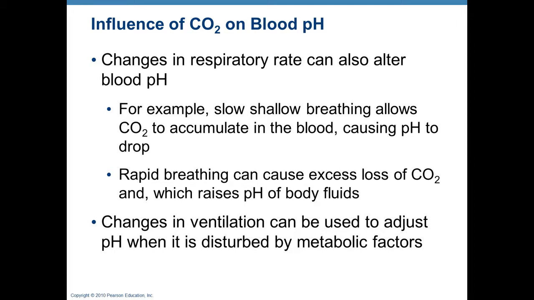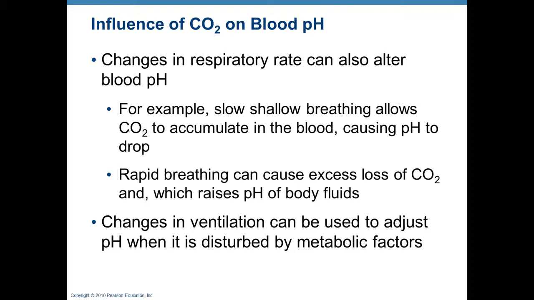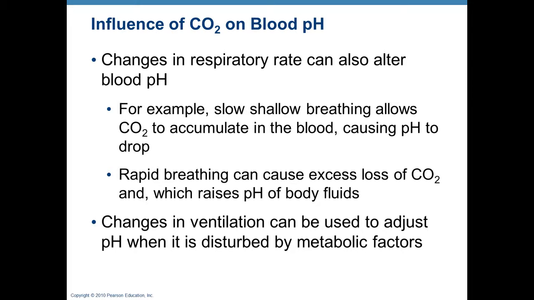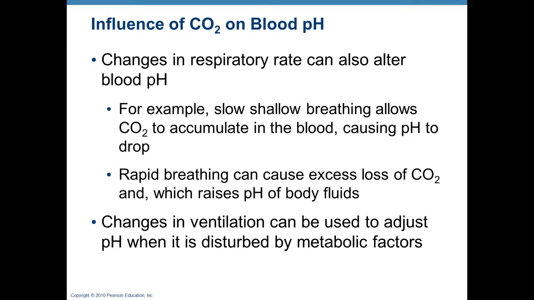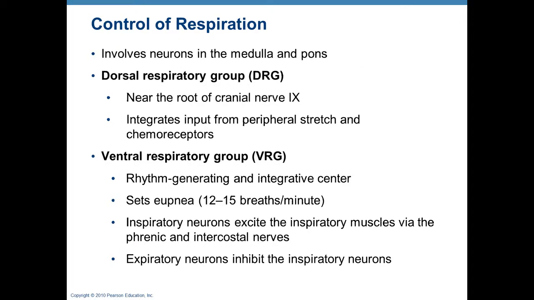So our body actually uses changes in your breathing rate, and later you'll also see how your body uses the kidneys as well, to make adjustments to these components of this CO2, carbonic acid, bicarbonate ion buffering system that we've got going on in our body fluids, to help us maintain our body fluid pH in proper ranges.